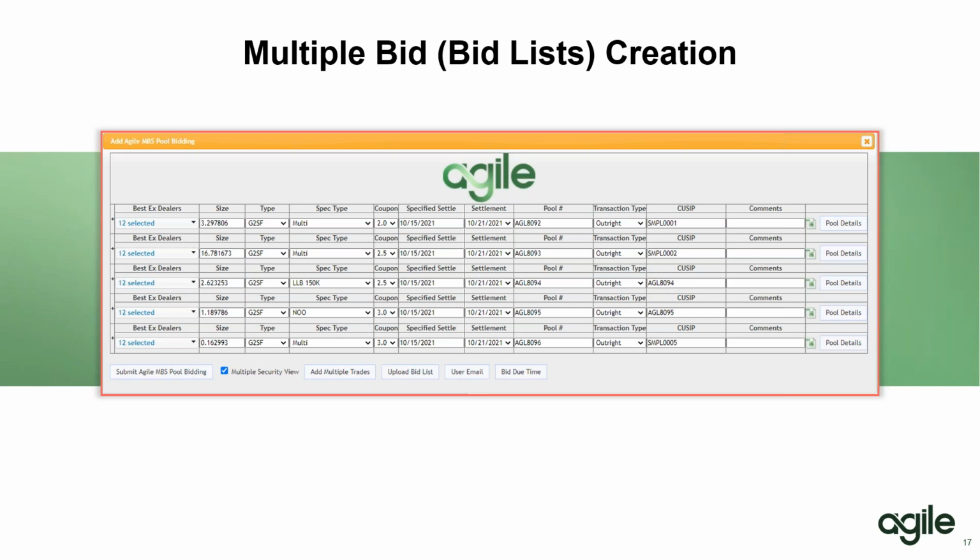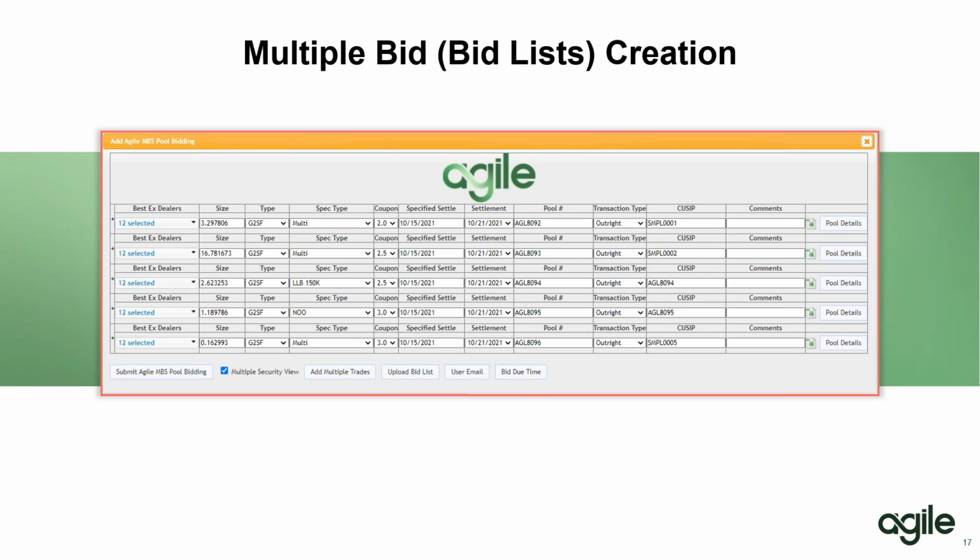So it just makes it easier for everybody to be bidding on the same pool. Specified settle is exactly when that pool is going to settle. A lot of these data points are everything that people that have been doing pools understand, and it all flows through. And then off to the left, you'll see this best ex dealers.